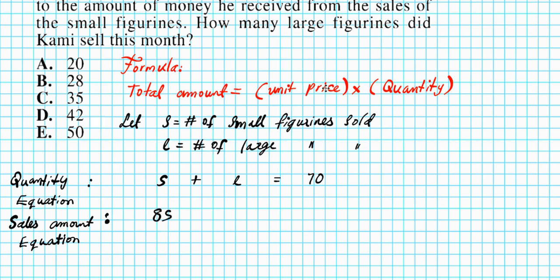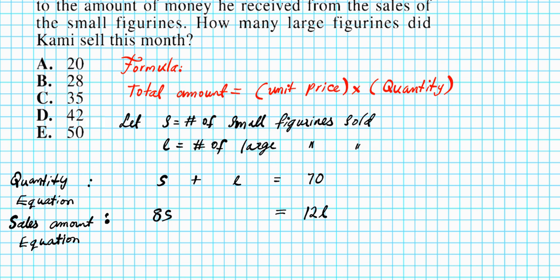Remember, unit price times quantity, 8 times S. And we're told that it is equal to the amount for the large figurines sold. So how many large figurines were sold? I'm sorry, what's the unit price for the large figurines? It's $12, right? And then how many large figurines were sold, L? So there you have it. So we have our system of equations. We have the quantity equation and the amount equation on the bottom.